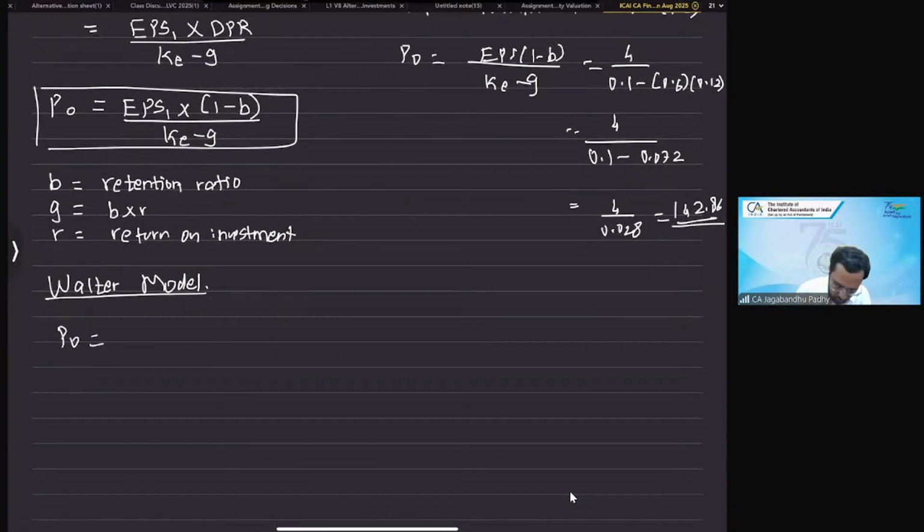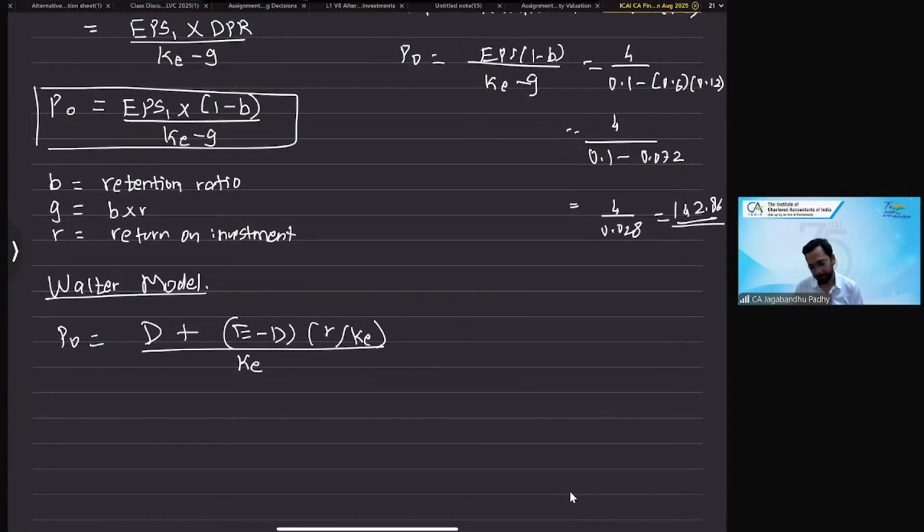That was P0 is equal to dividend plus earnings minus dividend into R upon K, the whole divided by K. That's the Walter model.